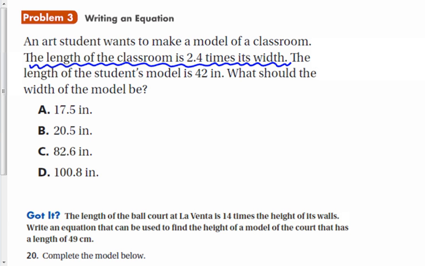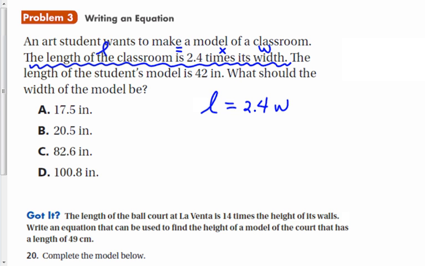Right there is an equation. The length of the classroom, we can represent that whole thing with the variable L. And is an equal sign, and 2.4 times is multiplication, and width we can represent with a W. So we can write this whole thing out as the length is equal to 2.4 times the width.